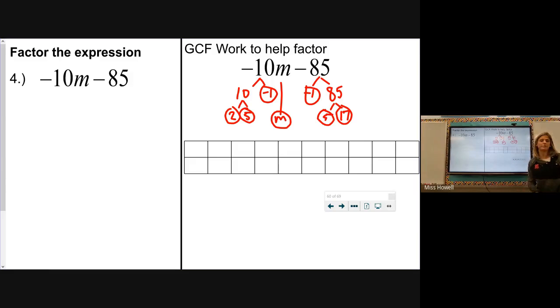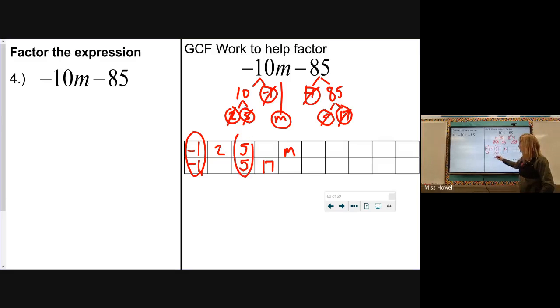All right, we're now ready to make our chart. They both have a -1. Gone. This one has a 2, but they both have a 5. Gone. The bottom one 17, and the top one an M. All right, so for this one, they both share a -1 and a 5. So -1 times 5 would give us our greatest common factor of -5.